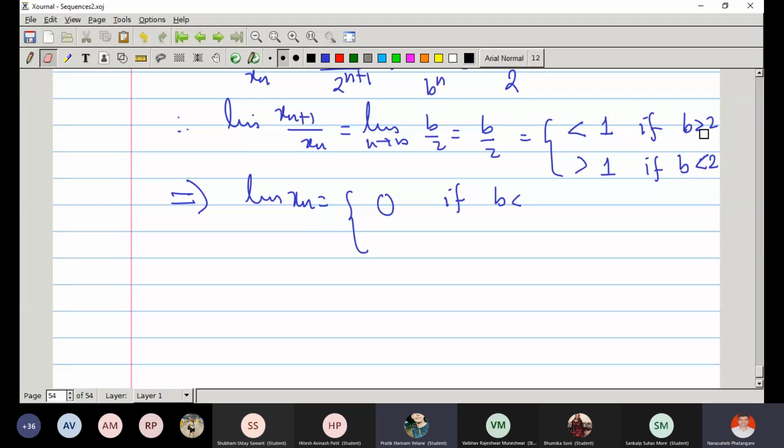It will be less than 1 if b is less than 2. So the limit b by 2 is less than 1 if b is less than 2, and greater than 1 if b is greater than 2, right?